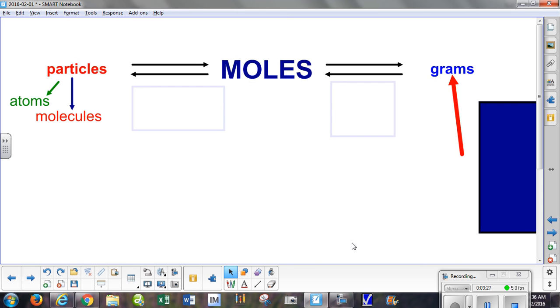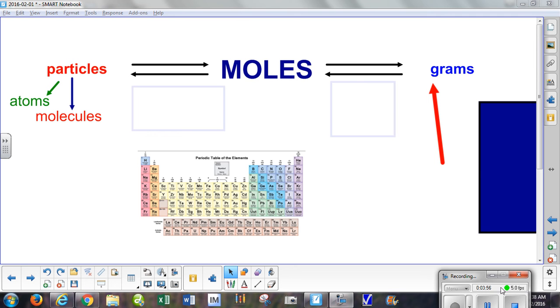Now you have something that is going to give you all the numbers that you need to do any conversion of any atom or molecule. Today we're just going to talk about atoms because that's what the homework assignment is about. And there is one source that will just make life considerably easier for you. Yes, it's the periodic table.